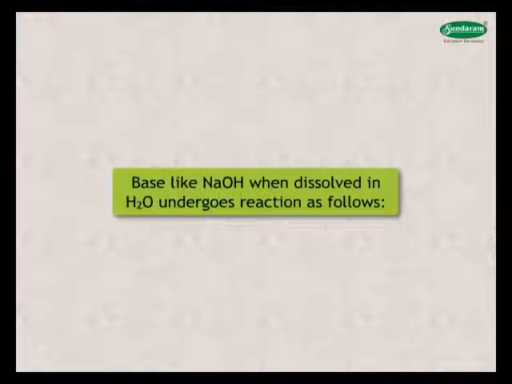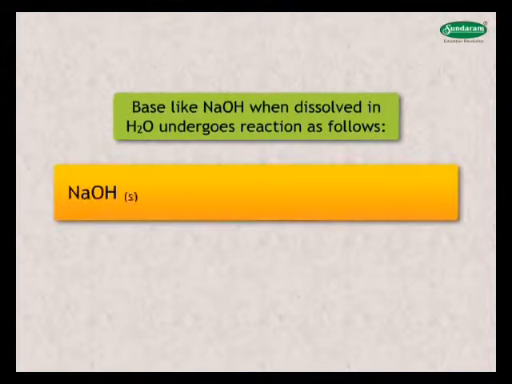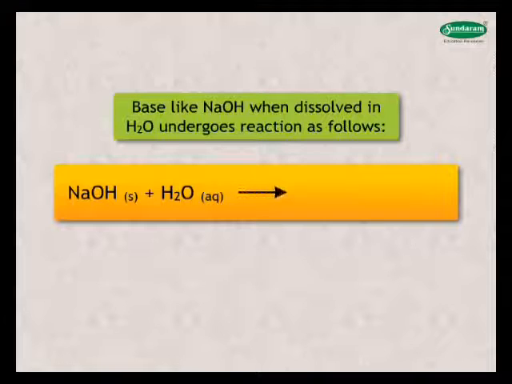Base like NaOH, when dissolved in H2O, undergoes reaction as follows. NaOH solid plus H2O aqueous gives Na+ aqueous plus OH- aqueous. Which ions do they generate? They generate Na+ and OH- ions.